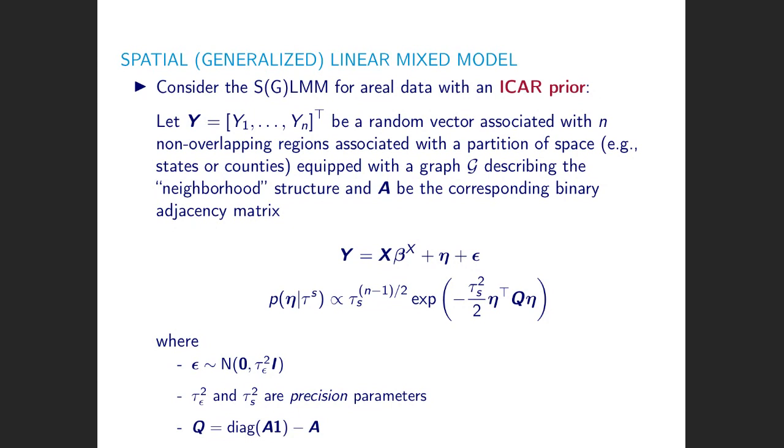And I am going to parameterize it in terms of precision parameters. So tau squared S is going to be the spatial precision, so 1 over the variance, and then this tau squared epsilon is the precision of the error process epsilon. So this is the general framework.